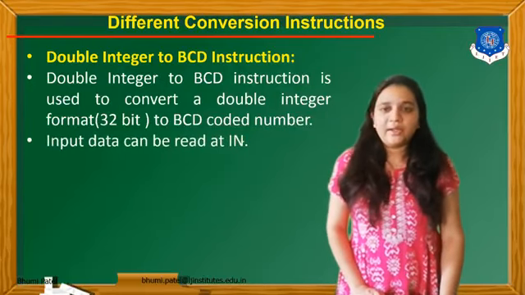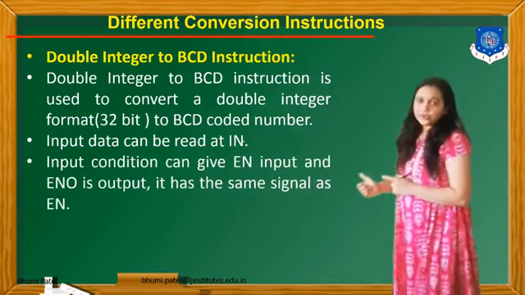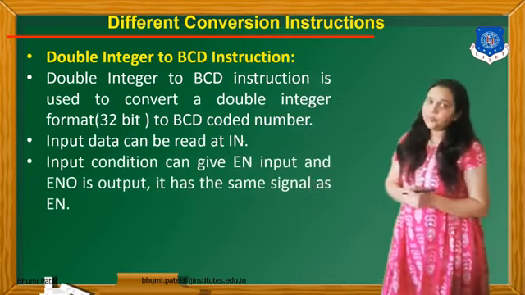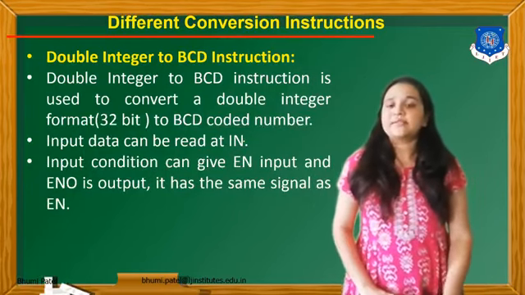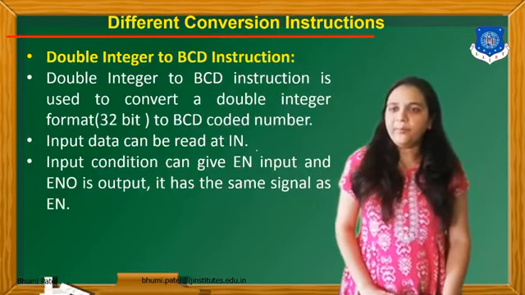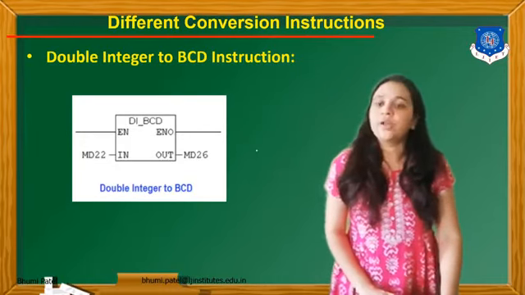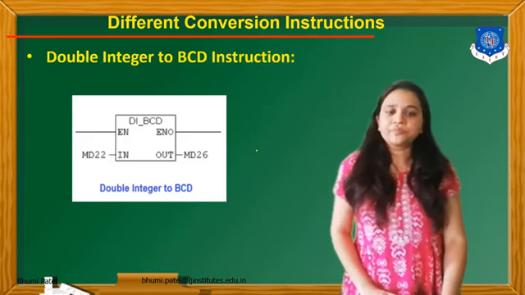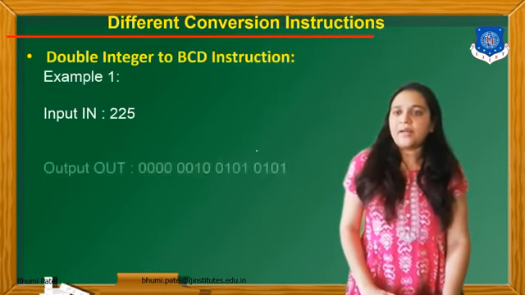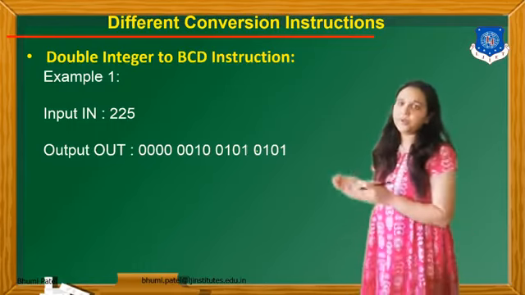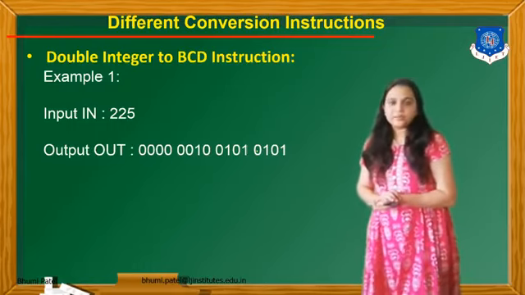Input data can be read at the input signal, the input condition gives the enable input, and ENO is my output, and it has the same signal as the enable bit. So this is my block format, double integer to BCD, and this is the example of the double integer to BCD instruction. Clear?